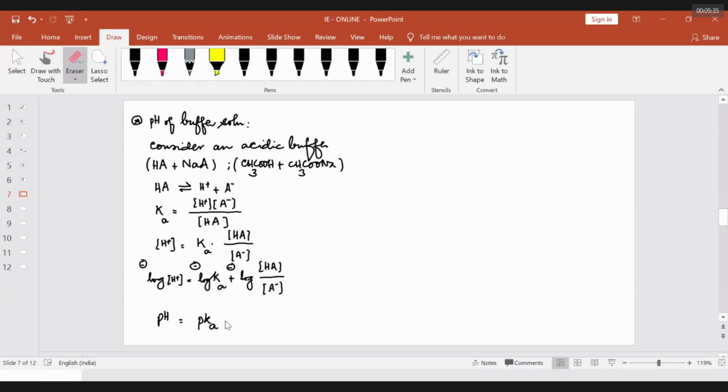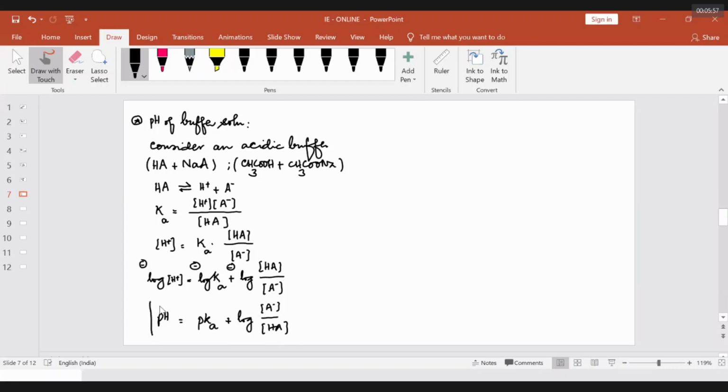If you want to take this minus sign in the form of plus, what happens? The ratio gets inverted, and this will become A minus by HA.